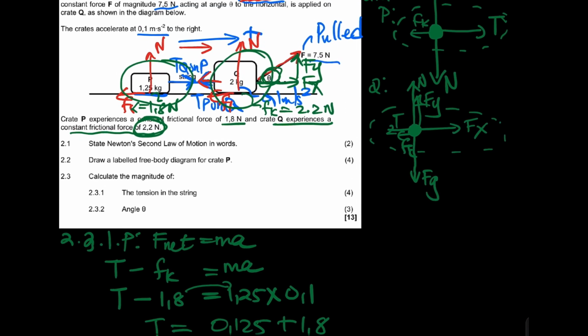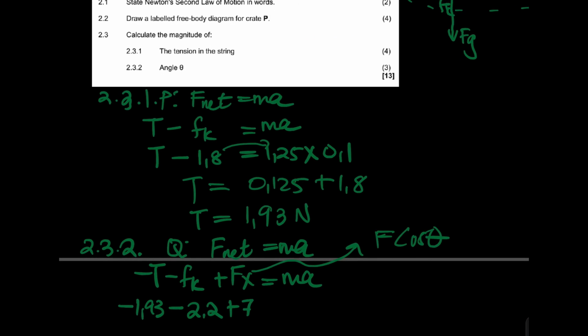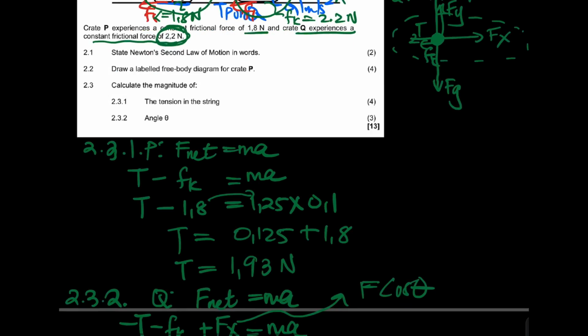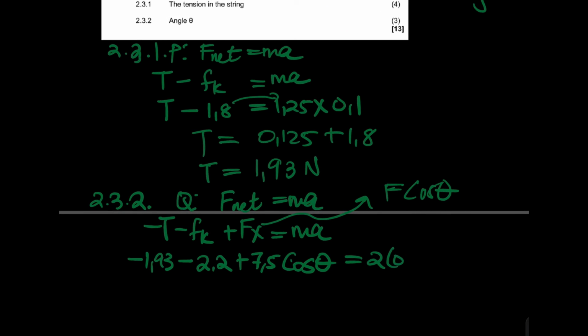So our F there is going to be 7.5. 7.5 cos theta, our unknown, is equal to what is our mass there? It's 2 kg. 2 kg times 0.1. Guys, there again, it's the math. I'm just going to punch the entire thing into the calculator.